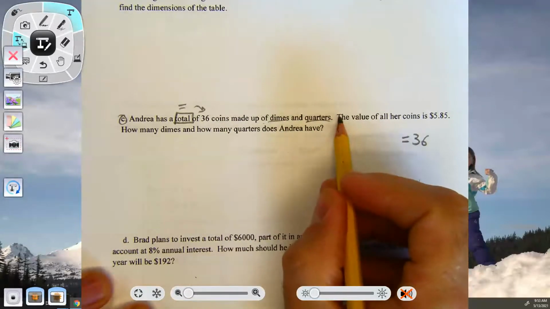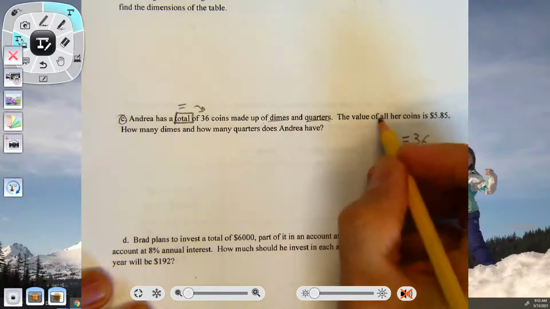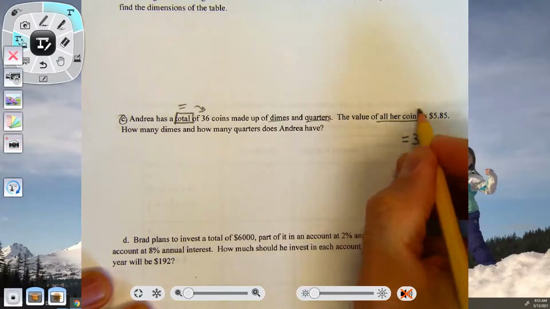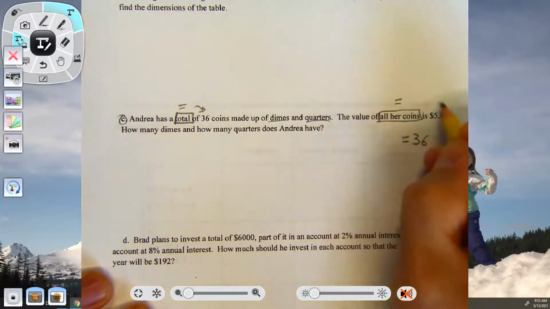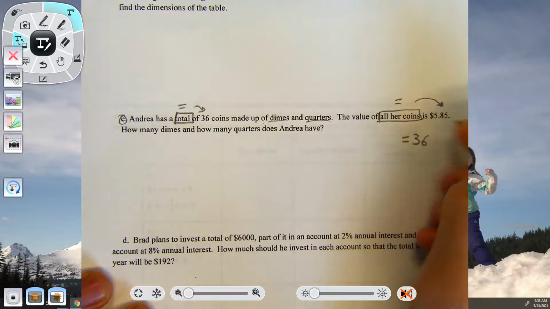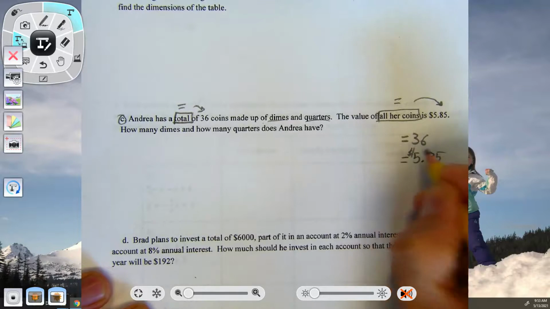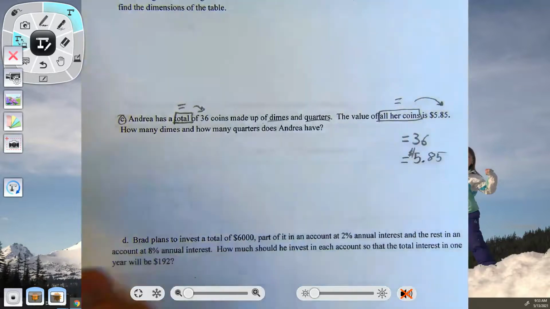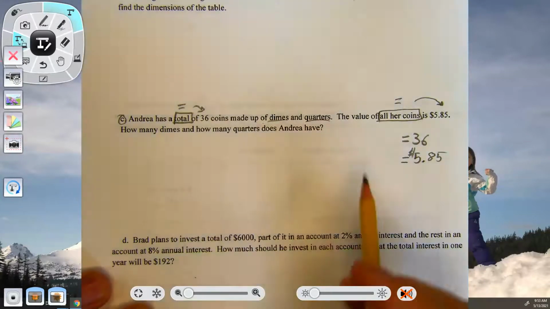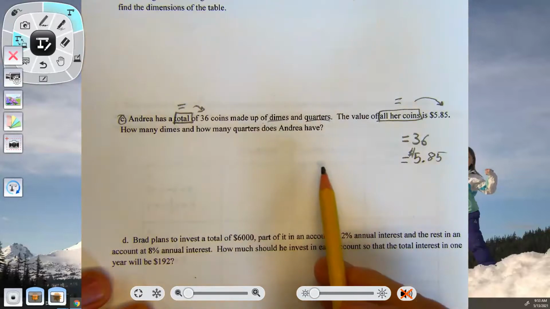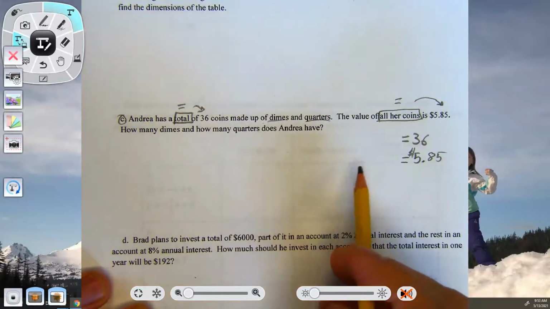So the value of all her coins. Oh, this is great too. All her coins, that's another equal sign, is $5.85. So my other equation is going to equal 5.85. And I like to put the money sign on there too, because now when I talk about my variables, the numbers that go in this equation will have to do with money, right?